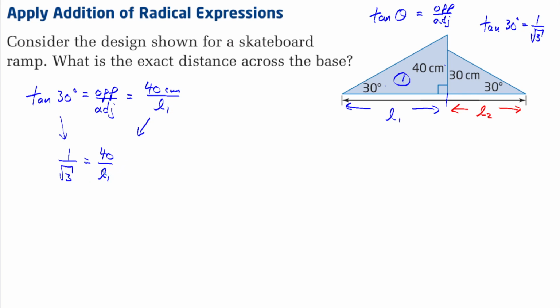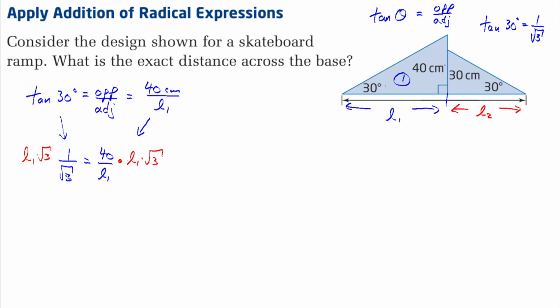I don't like having the variable on the bottom, so I'm going to multiply both sides by L1, and I'm going to multiply both sides by root 3. Pen tool is not my friend at the moment. So I'm going to multiply this side by L1 times the square root of 3, and this side by L1 times the square root of 3.